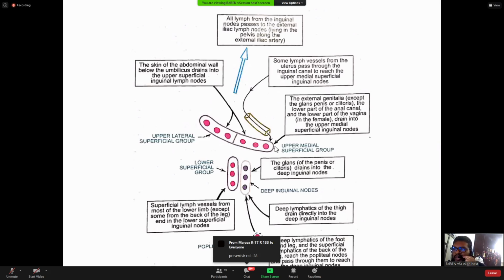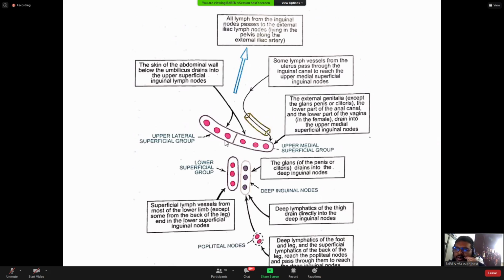Particularly the medial one drains the external genitalia and the lower part of the vagina, except the glans penis and clitoris, which drain to the deep inguinal lymph nodes.